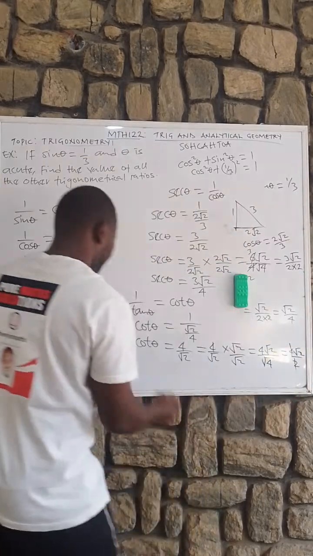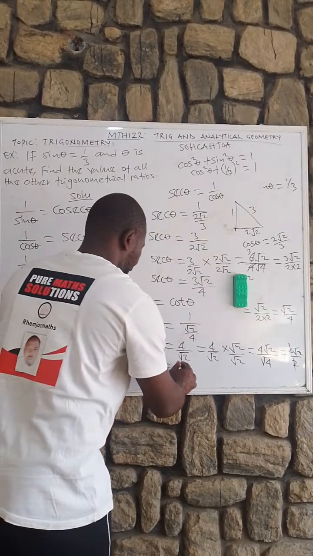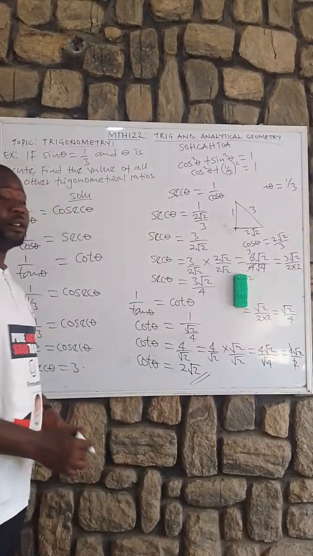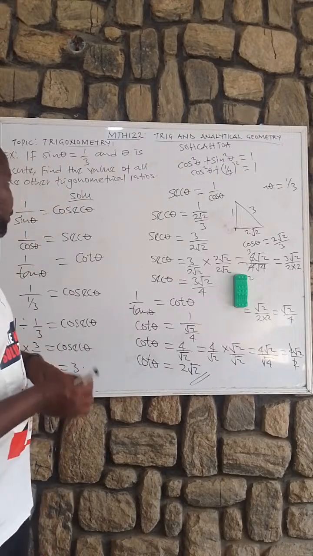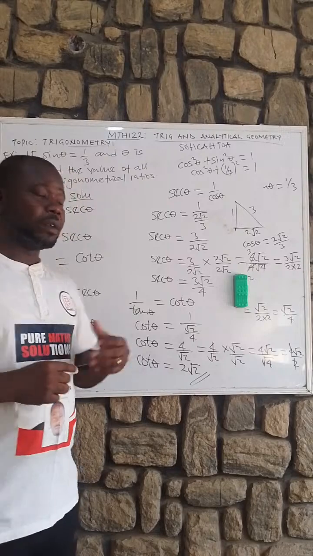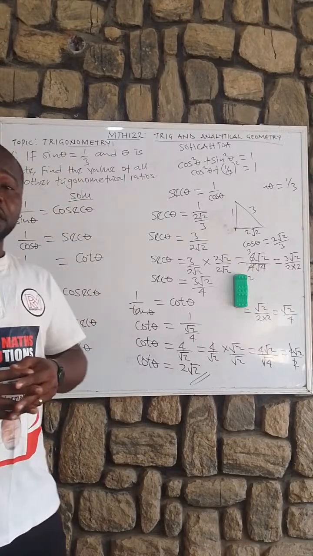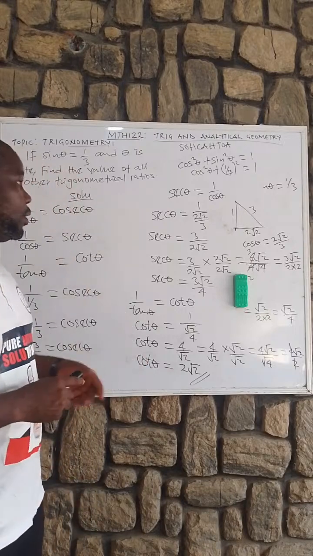This and this cancel. So our cot theta is equal to 2 root 2. Yeah. So this is how you are going to solve this type of question. So in case you come across it in your exam, I don't think you'll find it difficult, if and only if you know what we have been doing all through.